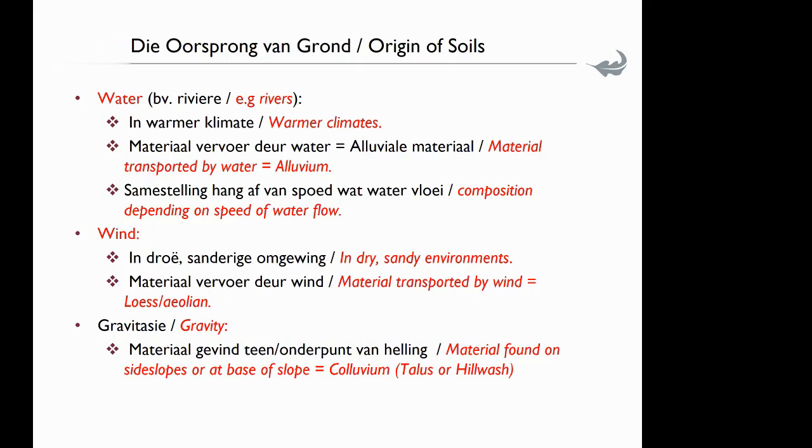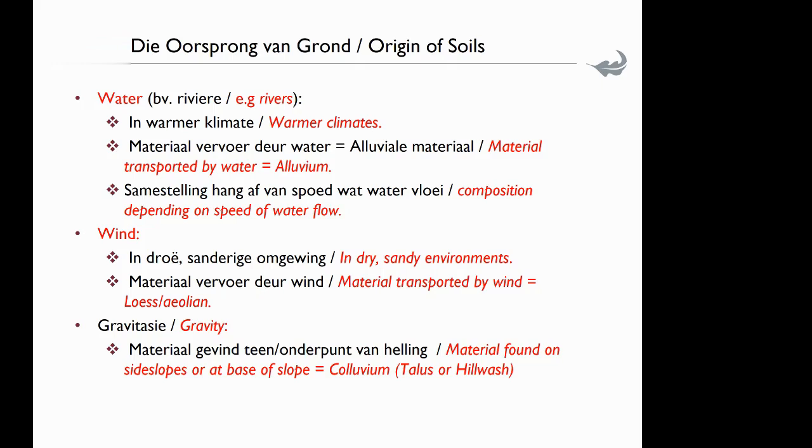Water, for instance, as a transportation agent, is found in rivers, normally in the warmer climates, and the material transported by water is known as alluvium. The composition, in other words the particle size range, depends on the speed of water flow. Wind is typically in dry, sandy environments, and the material transported by wind is known as loess or Aeolian sand.